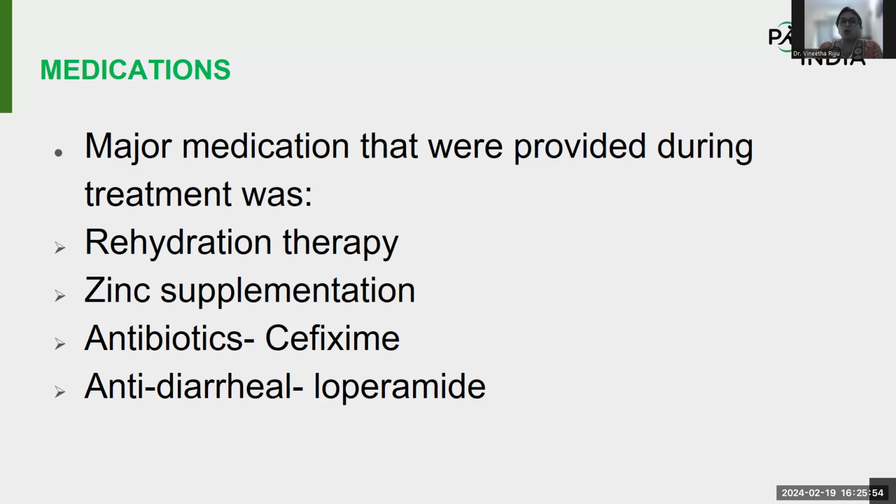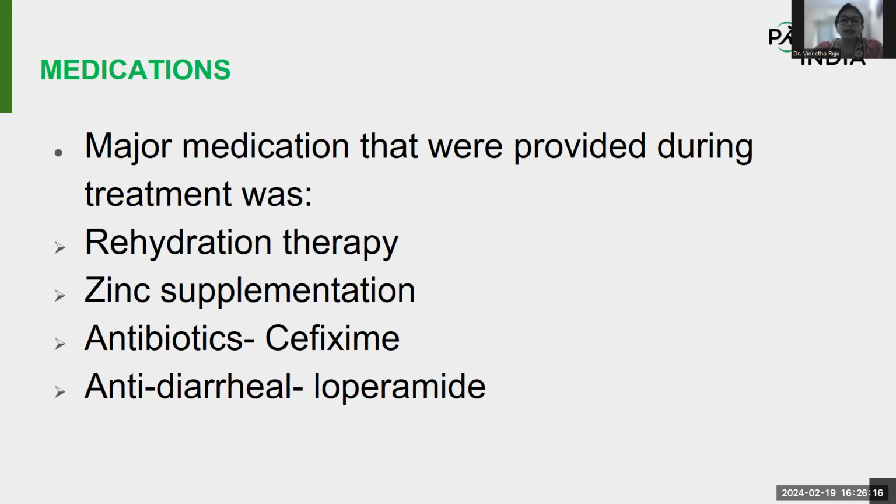Also at the same time, you can give probiotics like Nutrolin or Sporolac. This will also help to replace the gut bacteria, give the good bacteria back into the intestine.